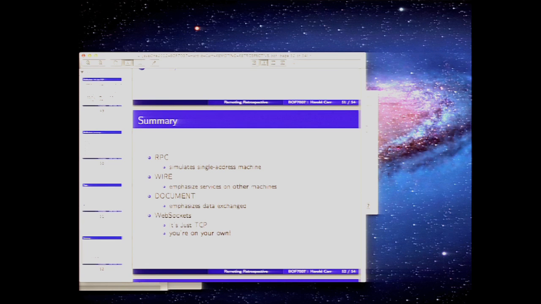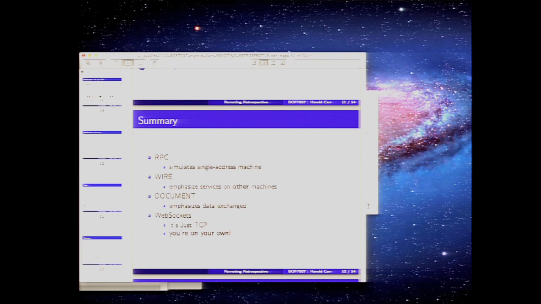The wire things like SOAP were better because they got rid of that part, but SOAP kept some of the RPC things, which makes it not as useful. Well, I shouldn't say not as useful. It's just harder to use than it needs to be in some respects. But the security built into SOAP's great. The document thing of REST is fantastic, but you don't get the same end-to-end security. And WebSockets, it's just a transport. It's nothing else. You're on your own, 100%.